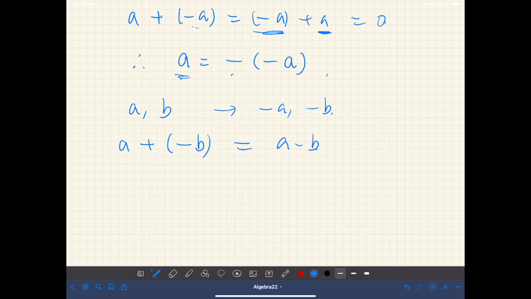It's just an abbreviation or shorthand notation for adding two elements, one of which is an inverse of some other element. So subtraction is just another way to write an addition. And next, the commutative law: a plus b is equal to b plus a, which means the order of addition doesn't matter.